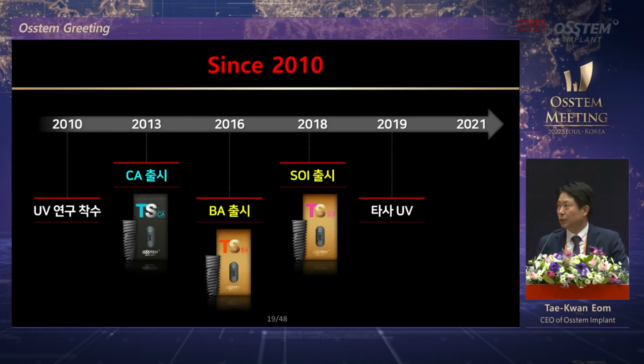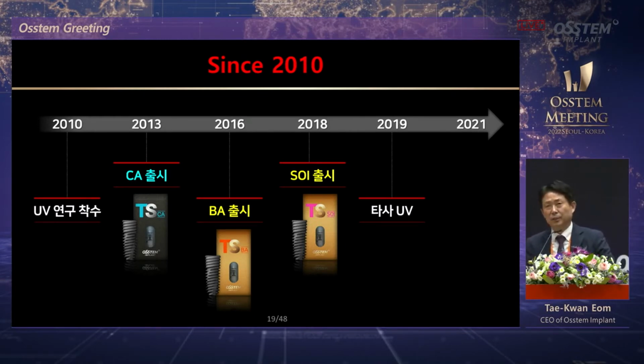So let me talk about the UV research activities. We started UV research in 2010, and the first outcome of that research is CA, followed by BA and soy in 2018.